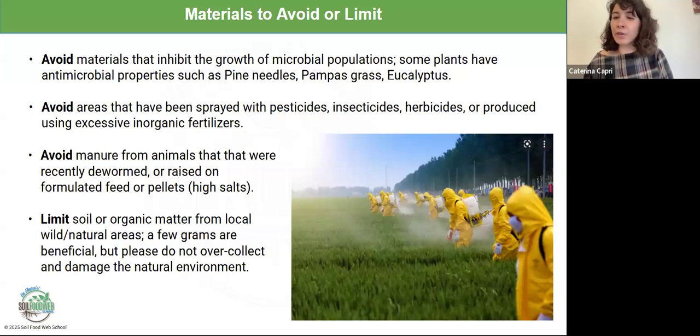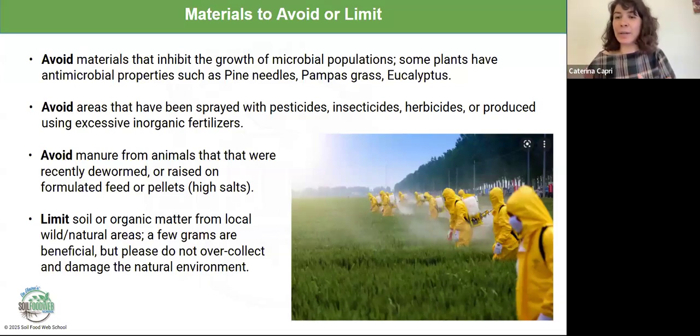Because we may encounter feedstock material that can be easy to access for us, but may have some issues in terms of the effectiveness of the biology that they contain and how they could work as food. We may find feedstock materials such as pine needles, as you see here, that may contain antimicrobial compounds.